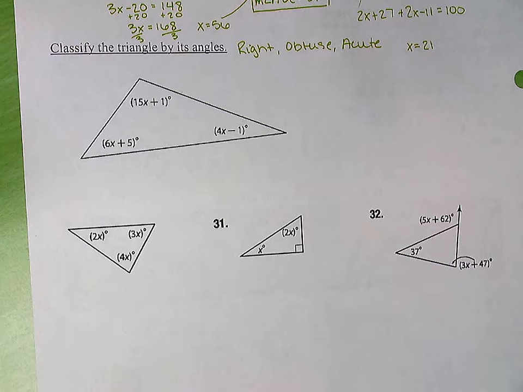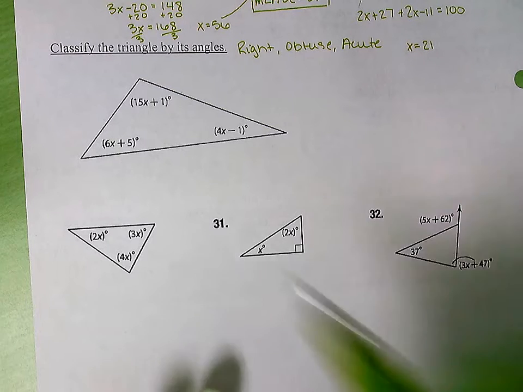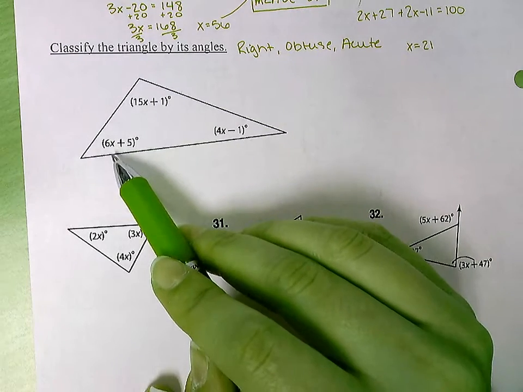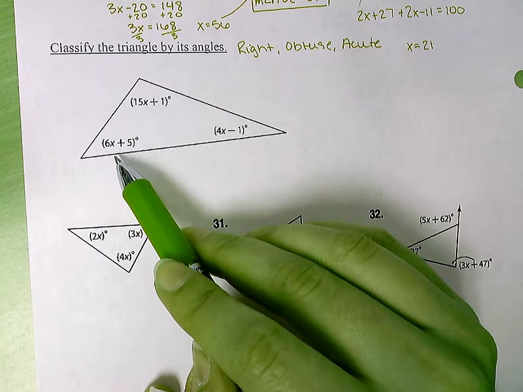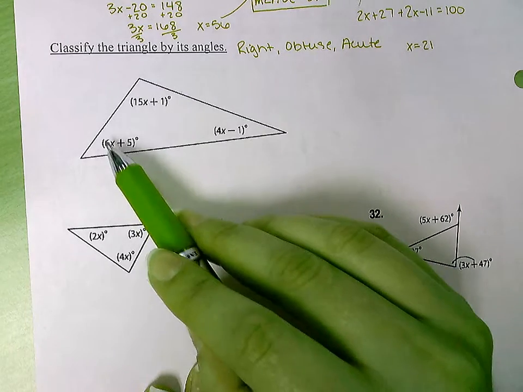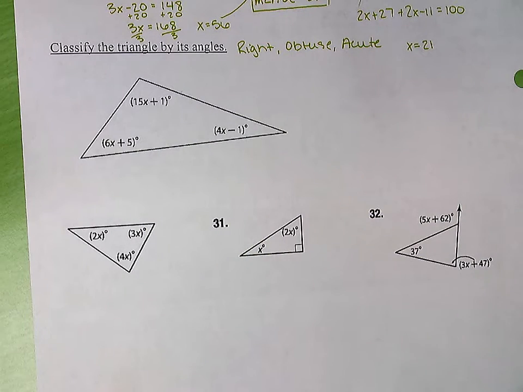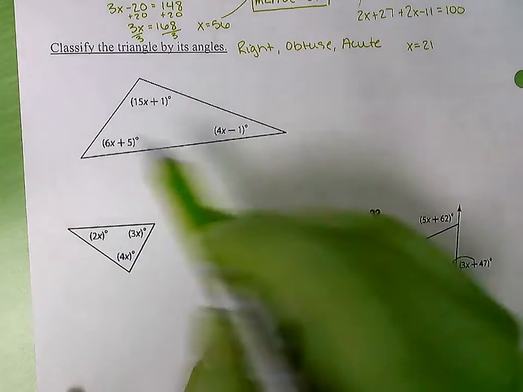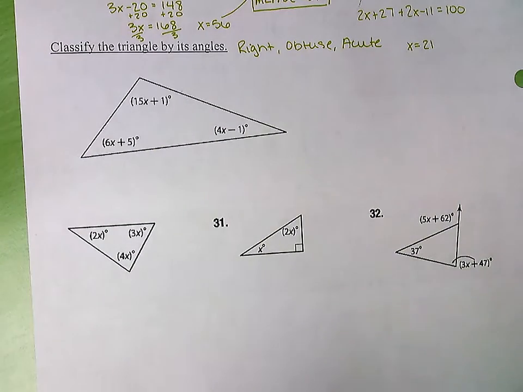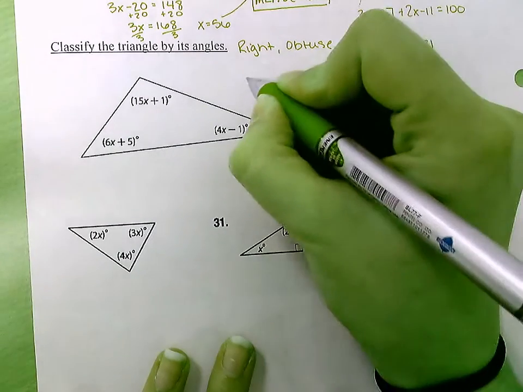So in this first problem, we know all 3 angles have to add to be 180. So you can add all 3 of these expressions together and set it equal to 180.